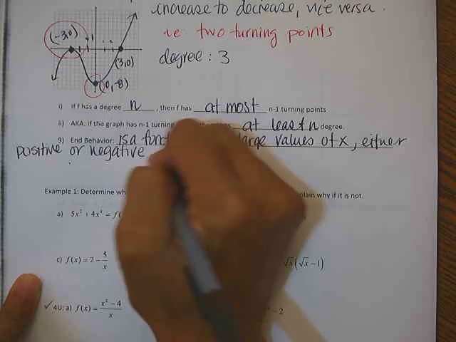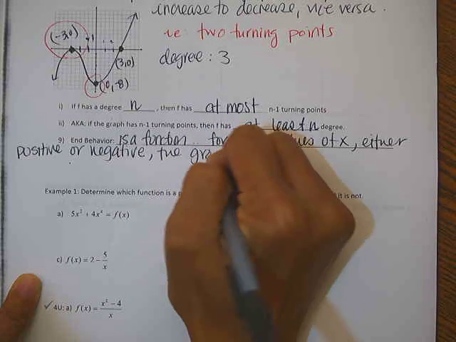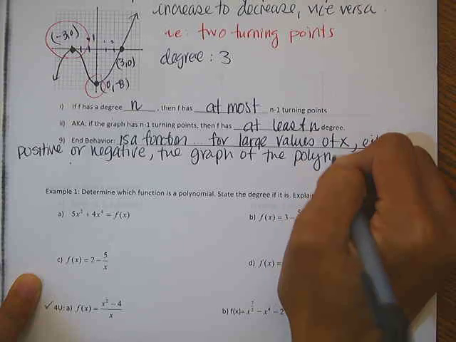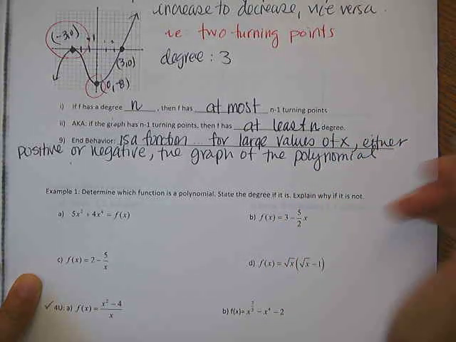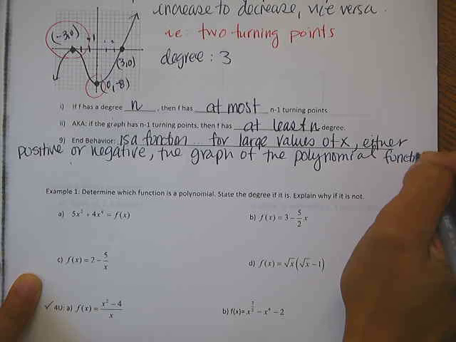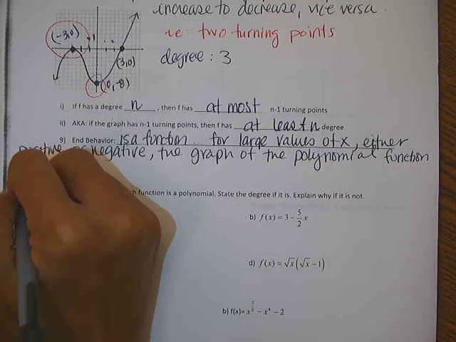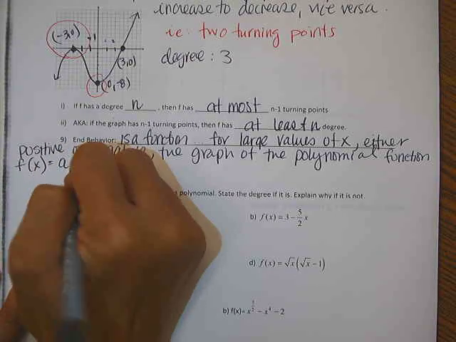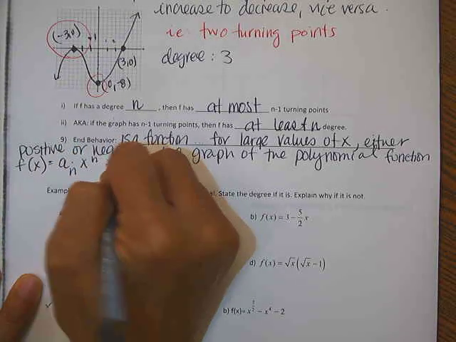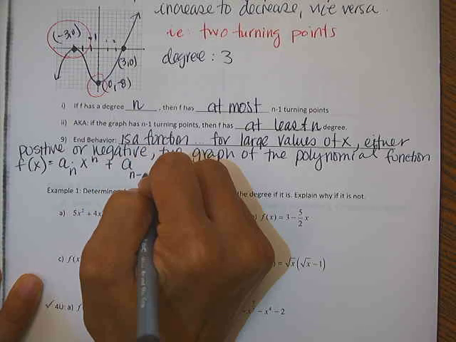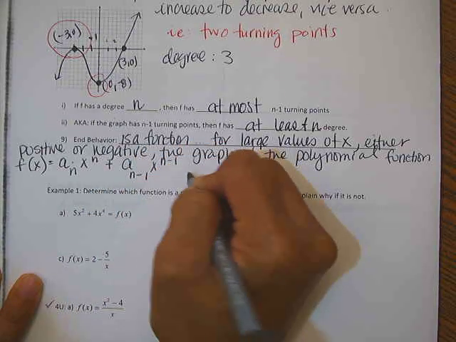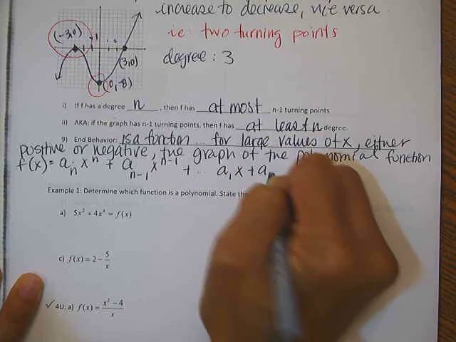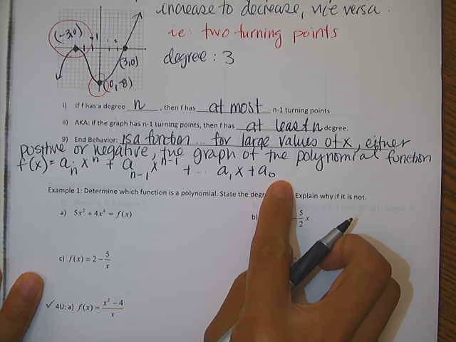Okay, the graph of the polynomial, and let me remind you of the polynomial function that we defined on the very first page. Remember this awesome looking function? f of x equals a sub n times x to the n plus a sub n minus 1 times x to the power of n minus 1 plus dot dot dot a sub 1 times x plus a sub 0. Remember this definition of a polynomial? Okay.